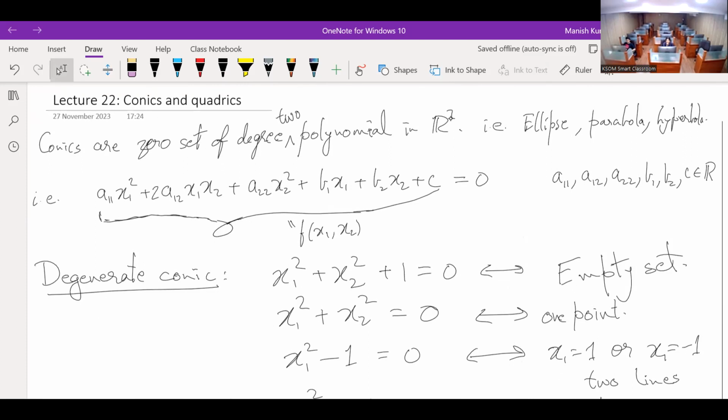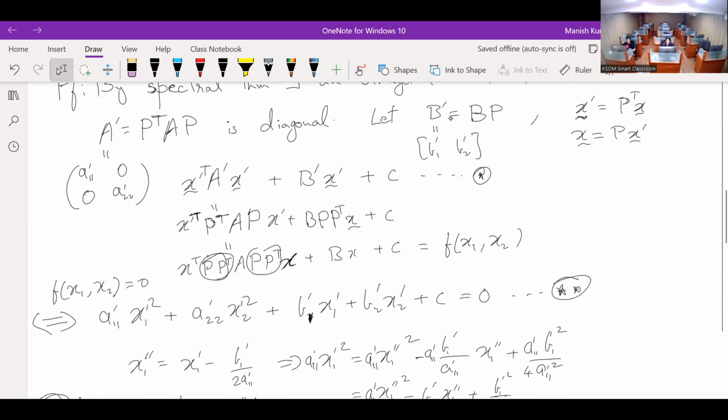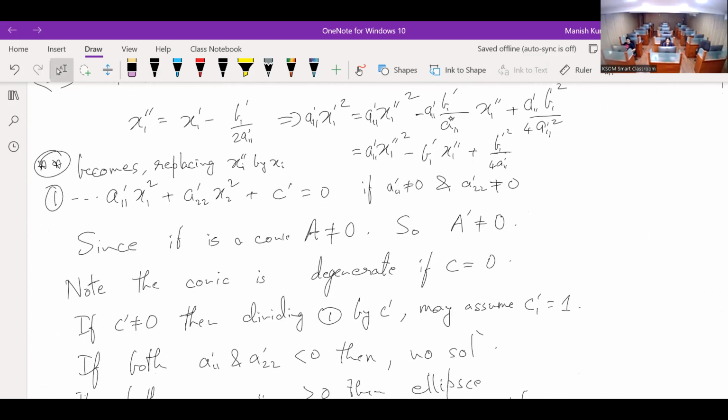So the matrix A is non-zero, and if A is non-zero, its conjugate is also non-zero.